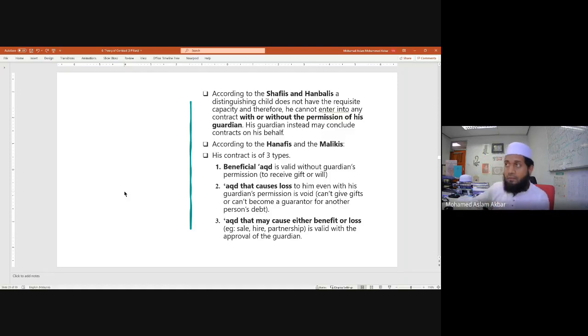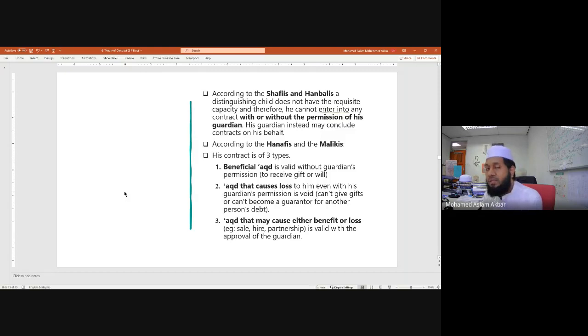So according to Shafi and Hanbali, this child is similar to the newborn child we discussed earlier. So he cannot enter into any contract with or without permission. Only guardians will do the transaction on their behalf.